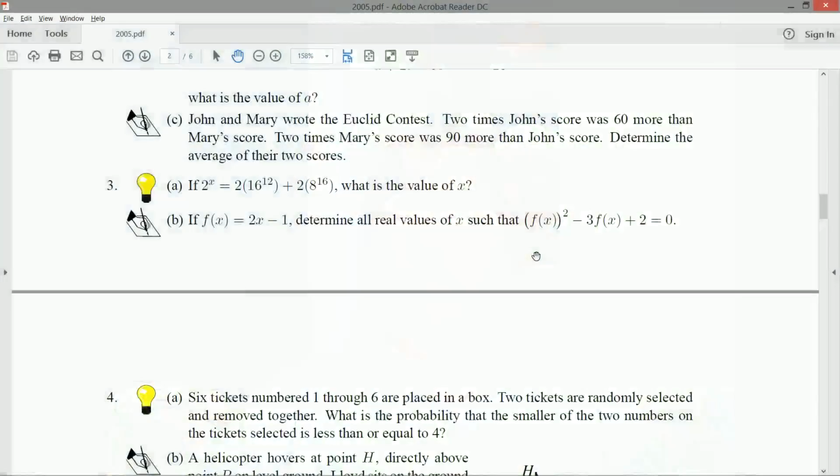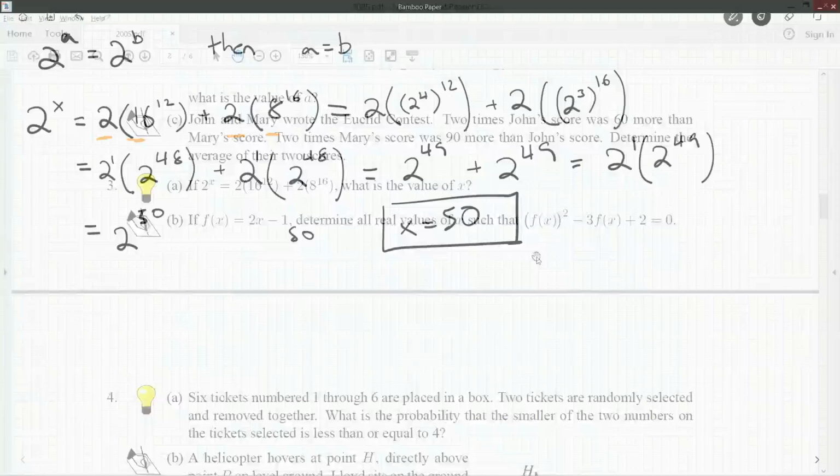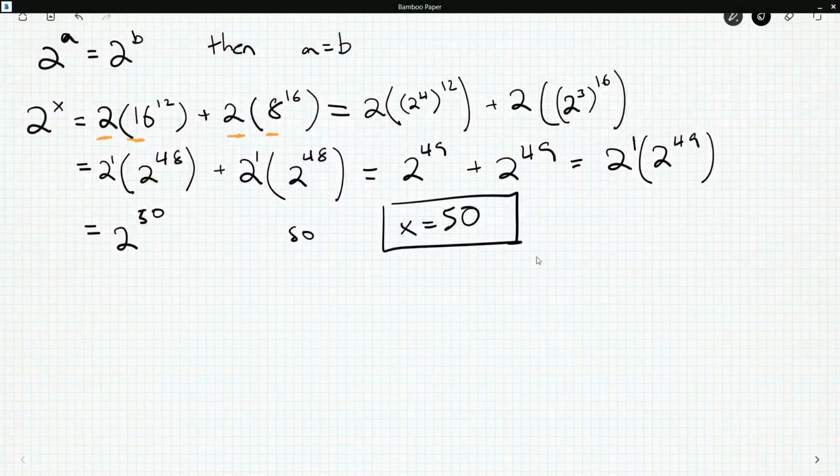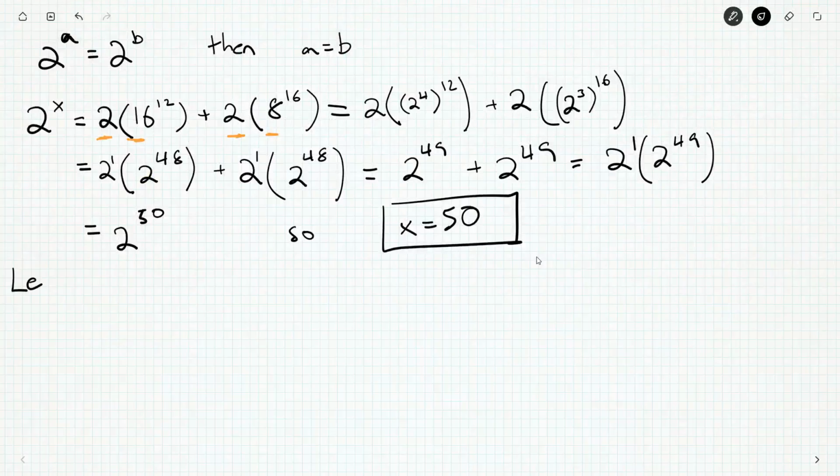I think I'm going to go with my first method just for clarity's sake. But I admit probably when I did this one, I just took the 2x minus 1 and subbed it in, and that's perfectly fine too. I just think that's going to be slightly messier, ever so slightly. Okay, so let's take a look here. We have to write down what we're doing, so we'll say, let y equals 2x minus 1.